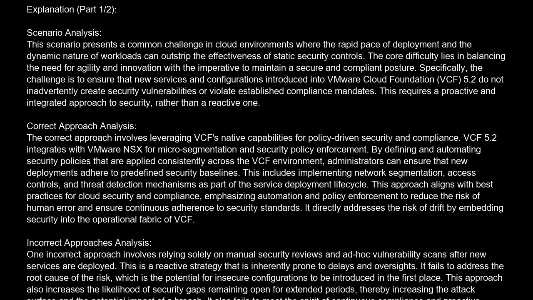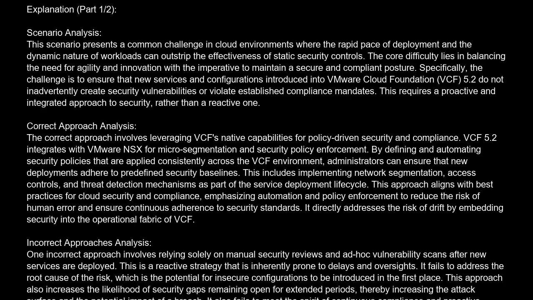This includes implementing network segmentation, access controls, and threat detection mechanisms as part of the service deployment lifecycle. This approach aligns with best practices for cloud security and compliance, emphasizing automation and policy enforcement to reduce the risk of human error and ensure continuous adherence to security standards. It directly addresses the risk of drift by embedding security into the operational fabric of VCF.